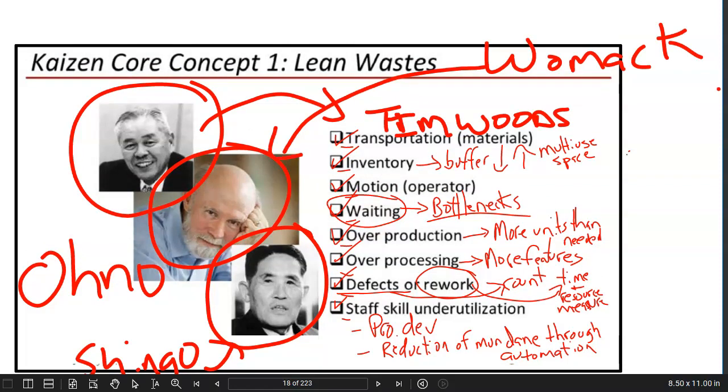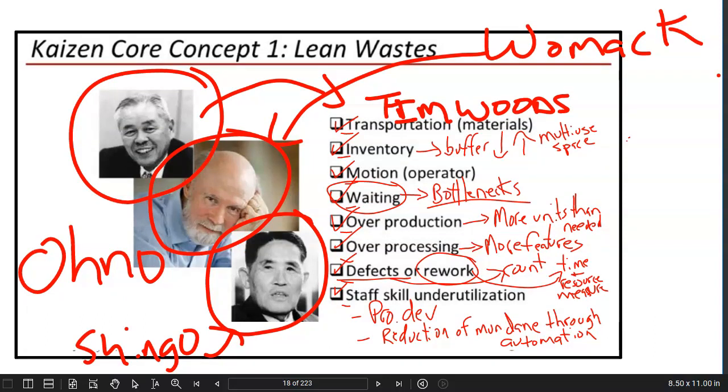The third thought leader here in color is a fellow by the name of Jim Womack. He was an MIT scholar that in the late 80s, early 90s, went over to Japan, observed the activities that were happening at the Toyota facilities, came back to the US and wrote a book called The Machine That Changed the World, the story of the Toyota production system.